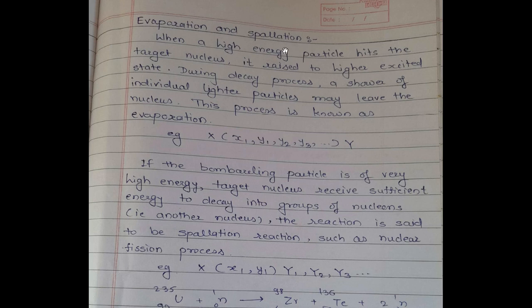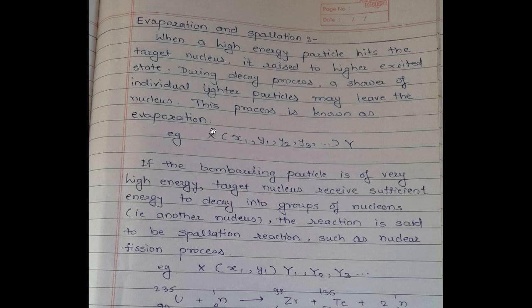So, what will happen? In the evaporation process, we consider x1 as a high energy particle. When this high energy particle is incident on the target nucleus, the target nucleus receives the energy from x1 and is raised to a higher energy level.